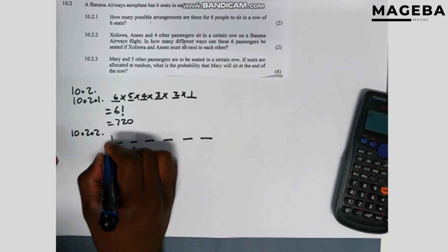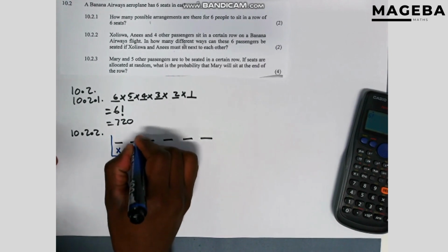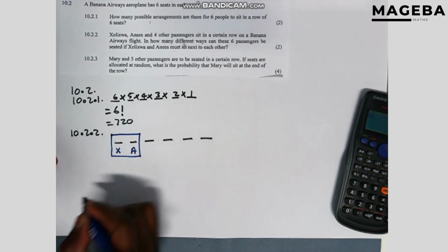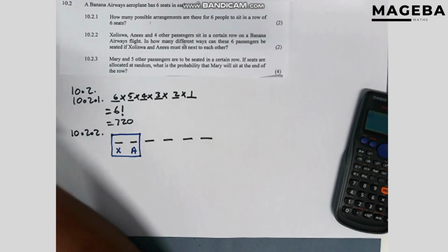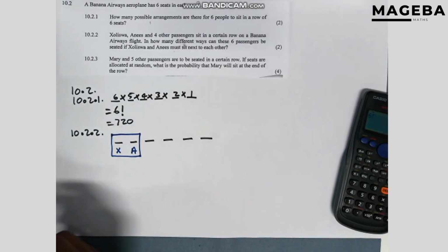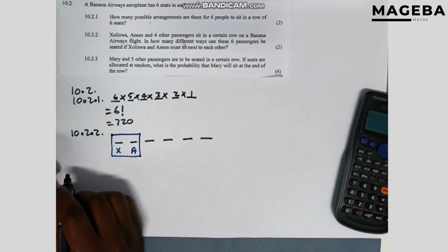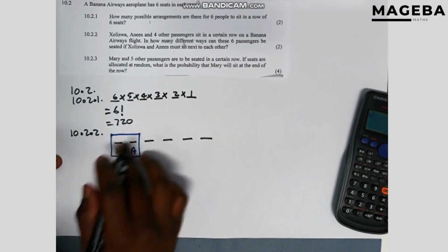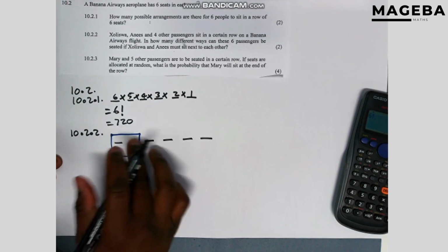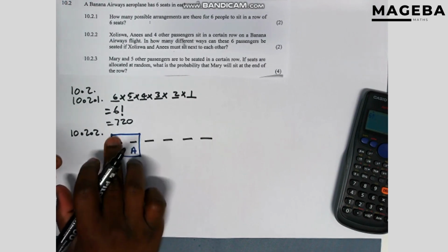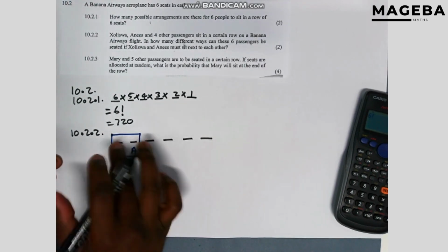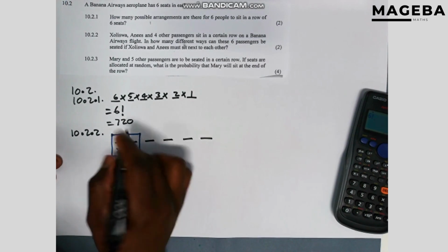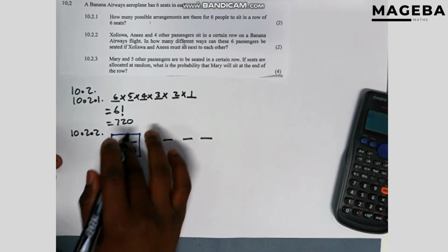They just want to sit next to each other. If they sit next to each other, they are going to arrange themselves: either one comes first or the other one comes last.